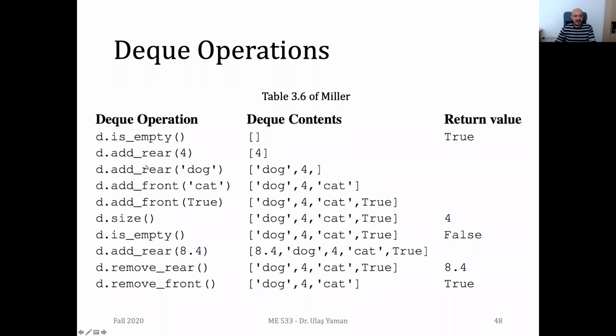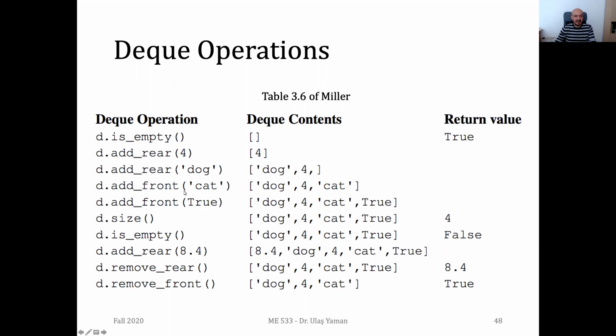And if you start adding items, but this time, as you see, we have 2 different operations. We are adding an item to the rear. This is 4. And once we add dog, as you see now, that will be the content of our deque data structure.